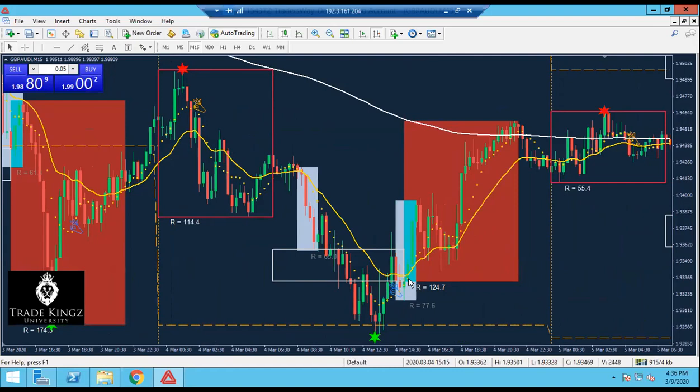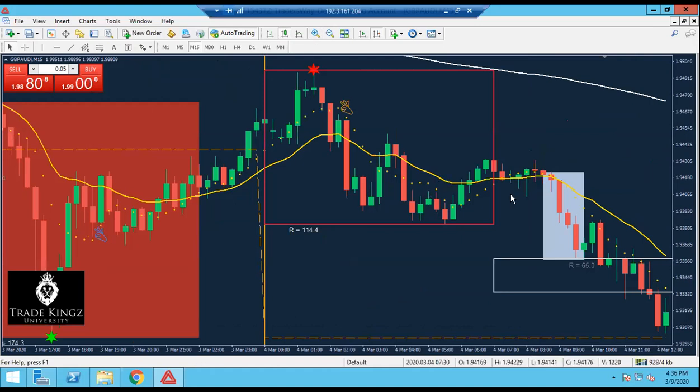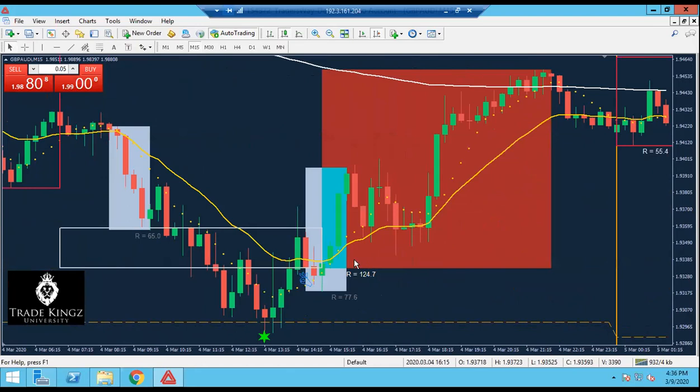And now you're waiting for a bullish candle to open and close above the 18. So I can't really see that. It wicked here, so I probably wouldn't have taken it there.